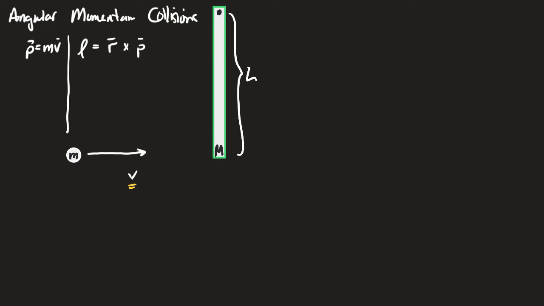The collision between the bar and this point mass is going to conserve angular momentum. It's important to understand that I have done something to this problem to change it from the example on Friday. The example on Friday, the only one we got through, was talking about that bar sitting on a frictionless surface, and it was not anchored to the surface, meaning it was able to rotate and move off after the collision.